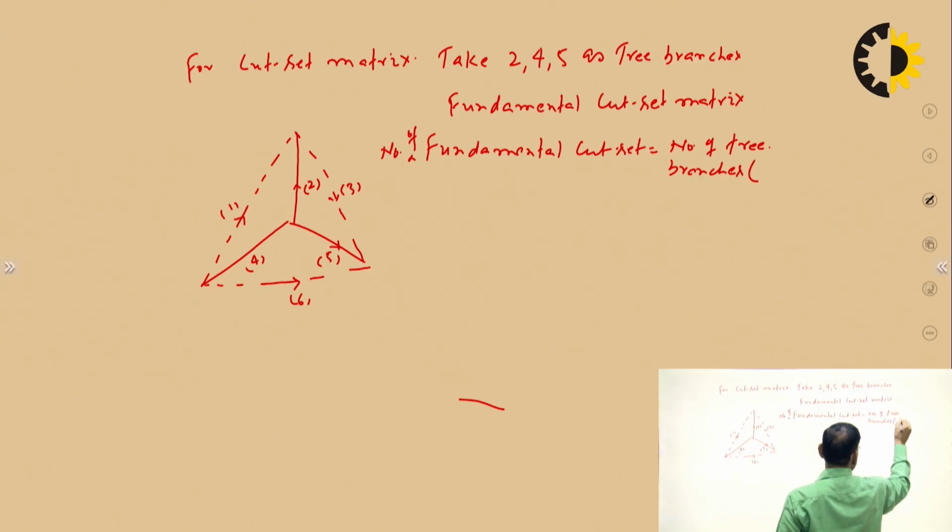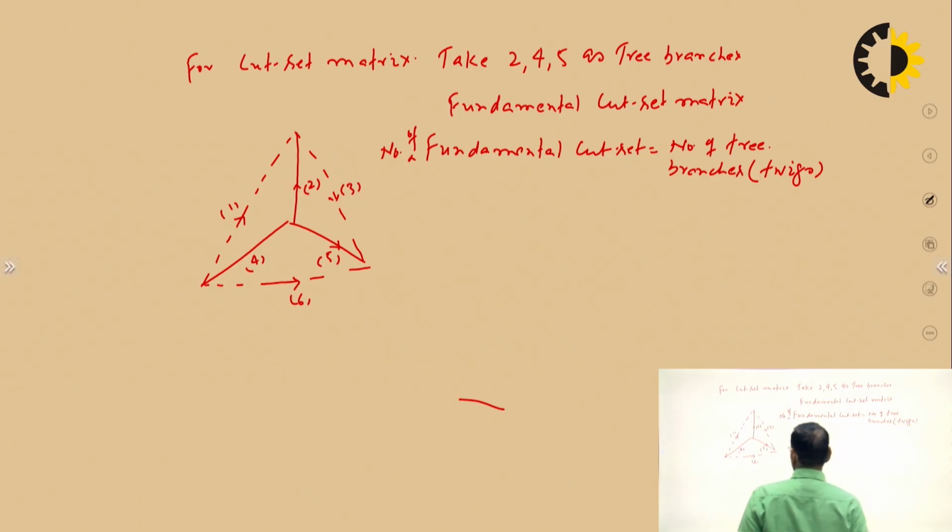It is known as twigs. So branches of a tree are called twigs and branches of a co-tree are called links.